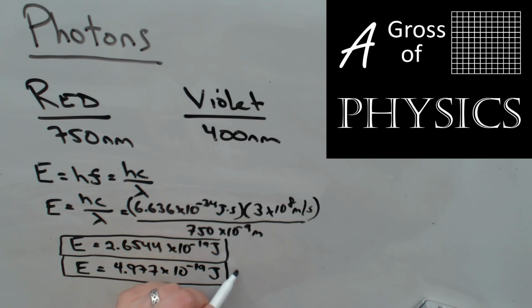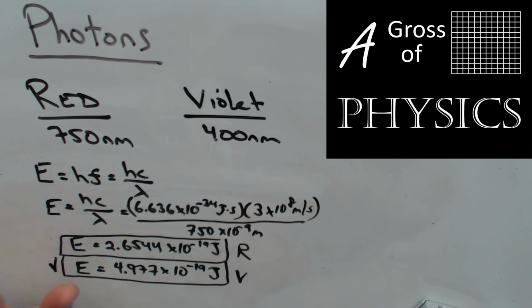So, violet versus red. Violet is more energetic. And the way we can think about this, since wavelength is inversely related to energy, the lower the wavelength, the higher the energy. Now, since frequency is directly related, the higher frequency waves will have more energy.